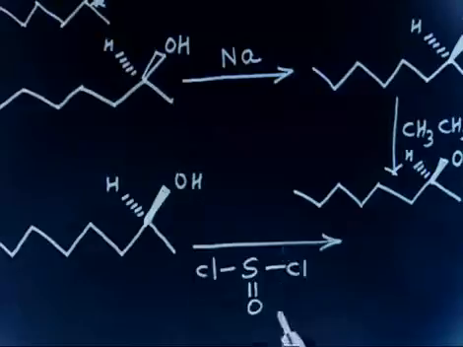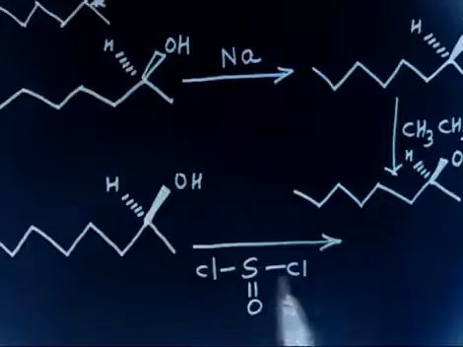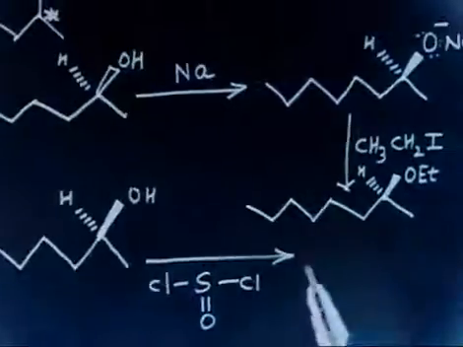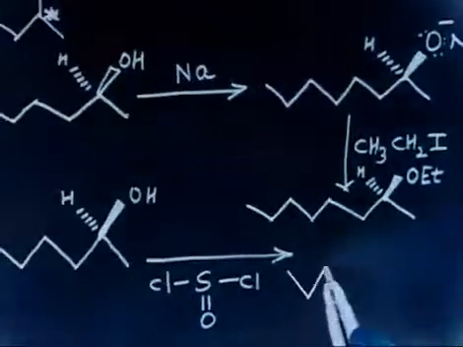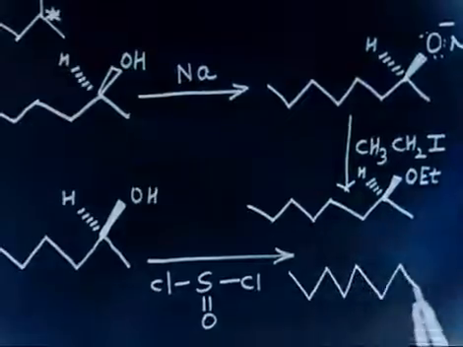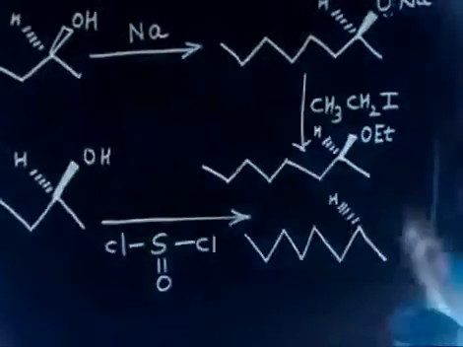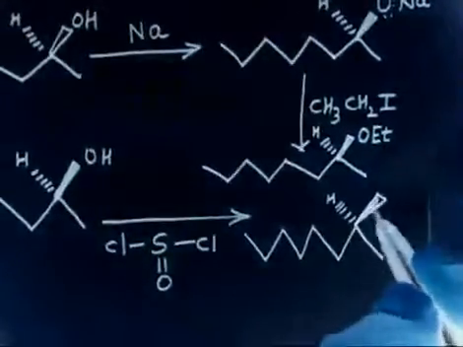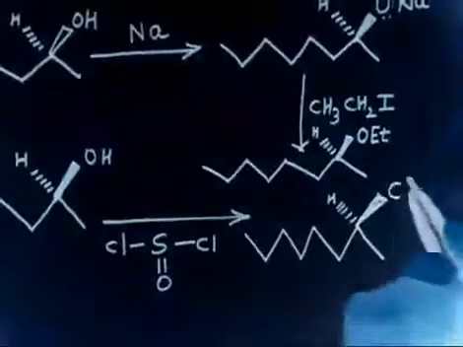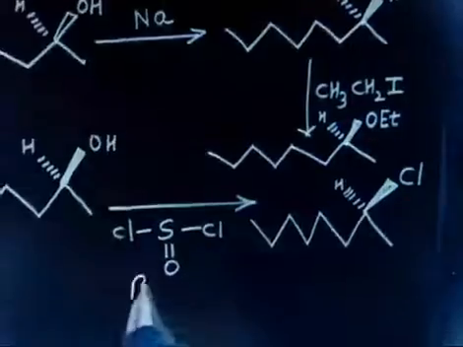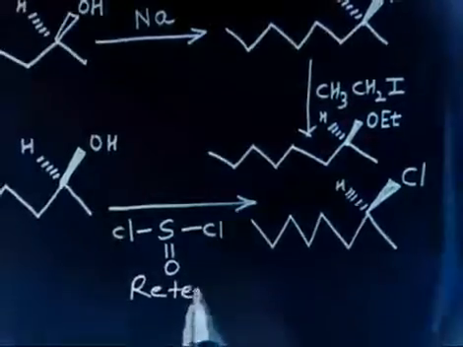But if you take SOCl2 with base, inversion of configuration will take place. In this case you are simply using SOCl2, so you will have retention. The OH is simply replaced by Cl. So there is a hydrogen and this OH is replaced by Cl. Are you getting? This goes with retention of configuration.